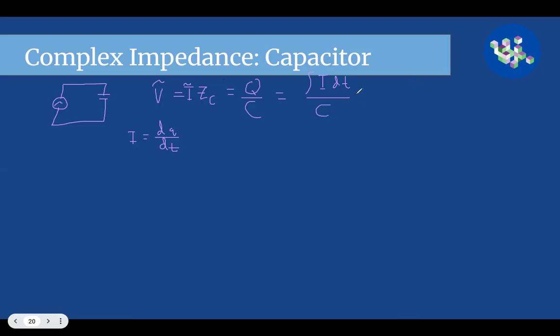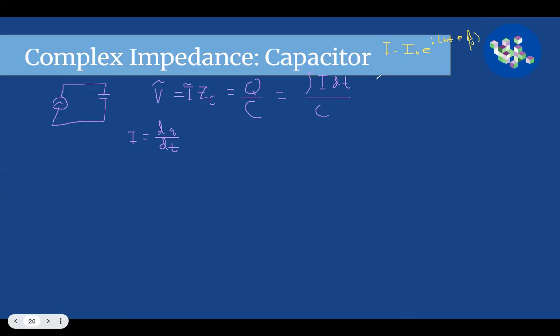Now, remember we said that I equals I zero e to the i times omega t plus phi I.